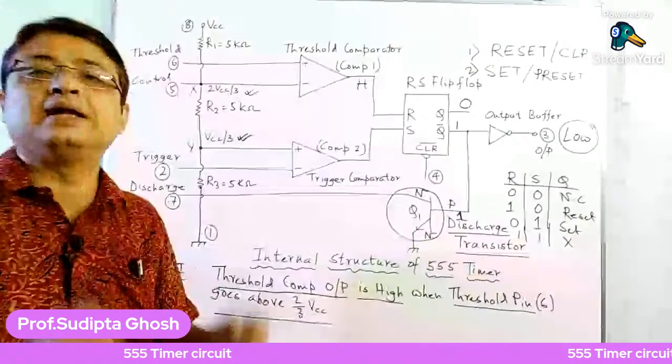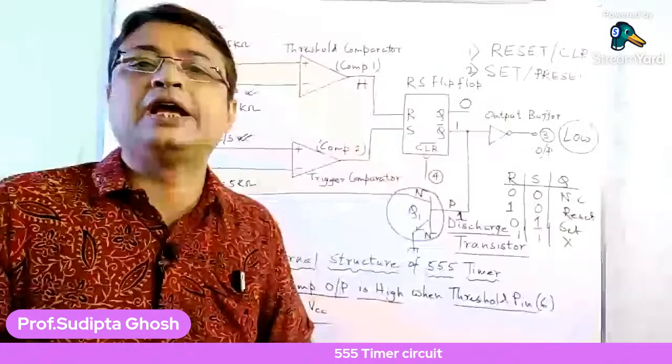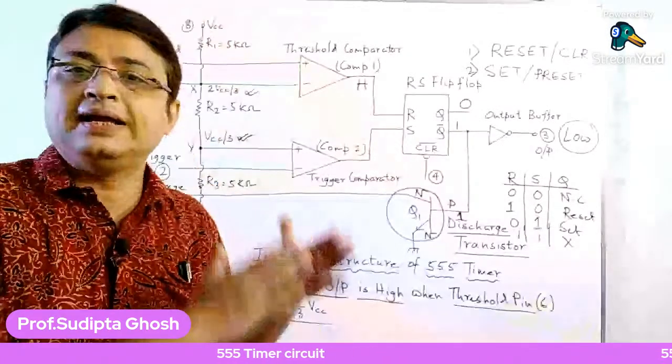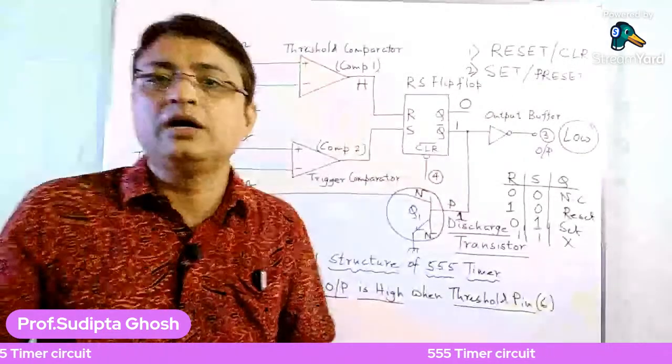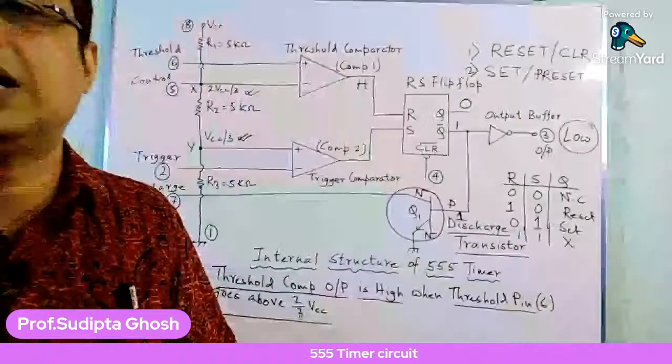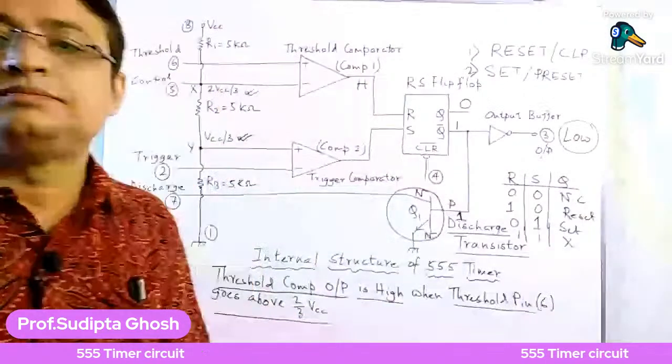So surely this transistor Q1 will be in its saturation state. Is it okay? Those who have answered cutoff state, have you understood why this is not in the cutoff state?